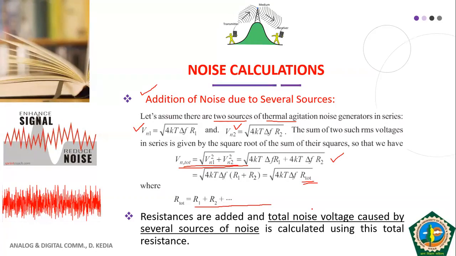So in a way you can say here that the individual resistances are added, and the total noise voltage is caused by the addition of these resistances, substituting in this general formula. That is one way. Another way is you obtain individual noise voltages, square them, add them, and take the square root, and then you find out the total noise voltage. It is one and the same thing. So this is the addition of noise due to several sources.